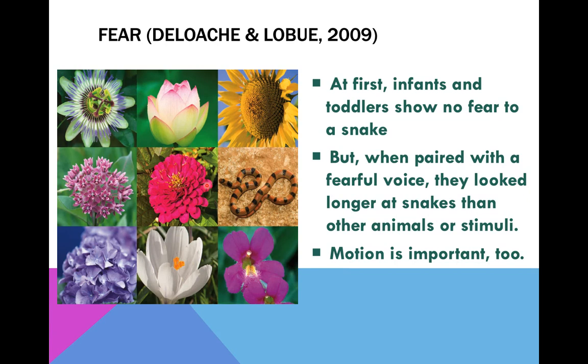And so what DeLoache and LoBue found was that children, I think the youngest that she tested was 3-year-olds, were able to find the snake significantly faster in a series of flowers than to find a flower in a series of snakes, right? Suggesting that there's this attentional bias towards finding snakes rather than looking for other stimuli.